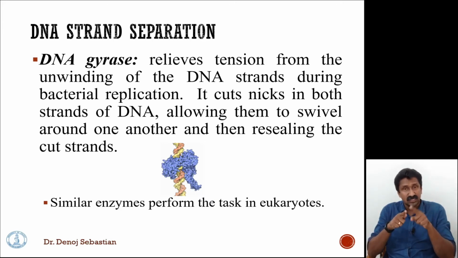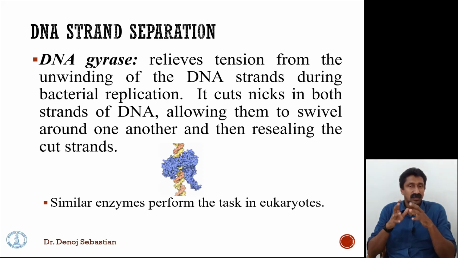The unwinding is actually done by the helicase, but the unwinding by the helicase creates tension in the DNA due to supercoiling effects. That tension created in the DNA will be relieved by the DNA gyrase enzyme. It cuts nicks in both the strands of the DNA, allowing them to swirl around one another, and then reseals the cut ends.